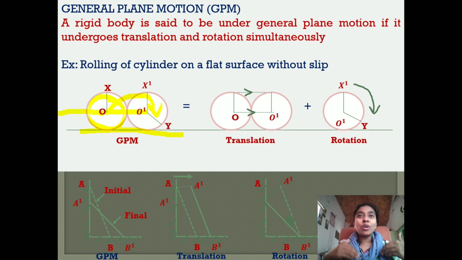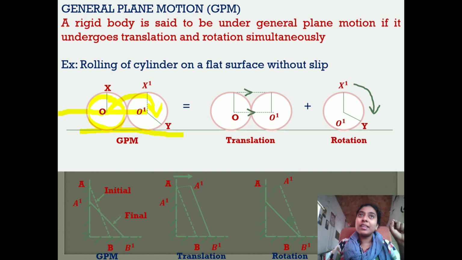So when you are rolling a cylinder, the center point of the cylinder, O, will be subjected to a linear motion when it is moved from O to O dash. And because we are giving clockwise rotation, there will be a rotational motion at all other points except O, so that the cylinder can be moved to another position.